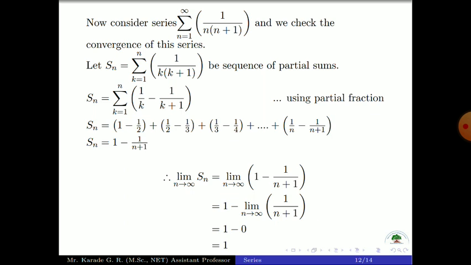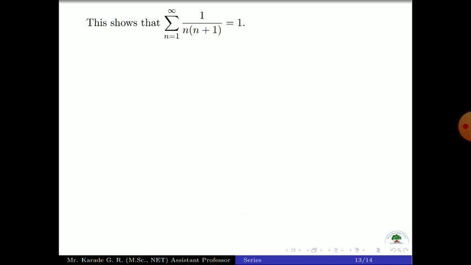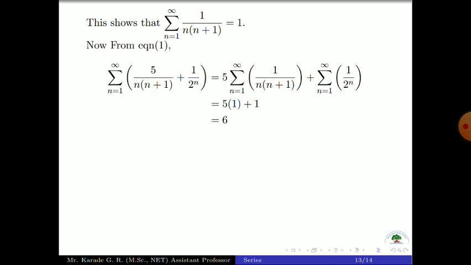Now from equation 1, this first line is equation 1, we write the values of these two series, summation 1 upon n into bracket n plus 1 and summation 1 upon 2 raised to n. So 5 into 1 plus 1, so it is 6.